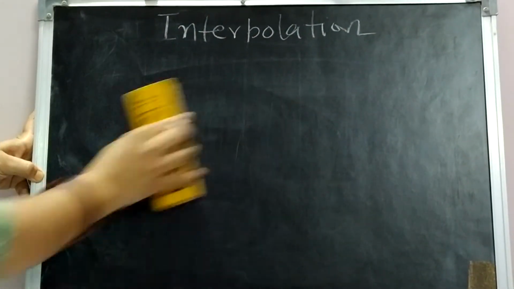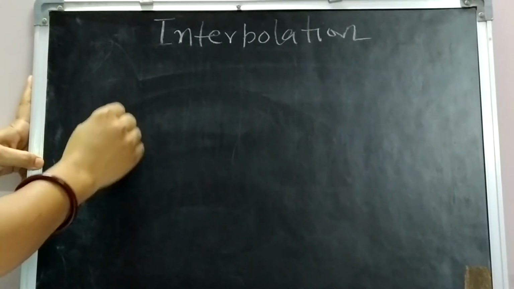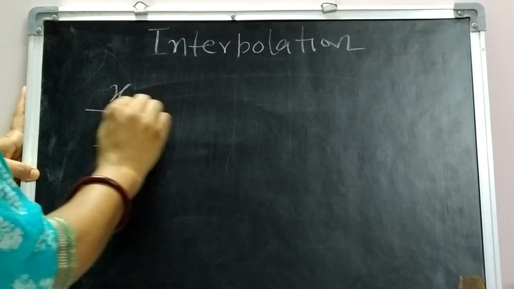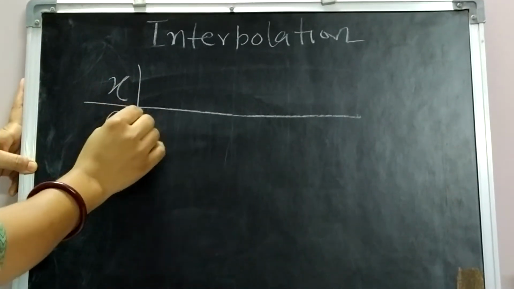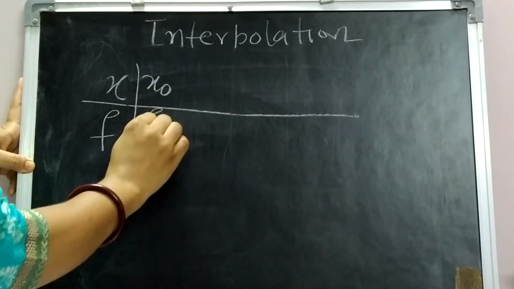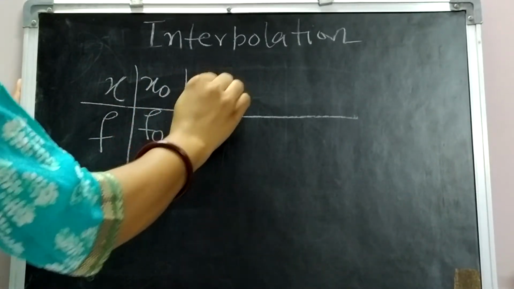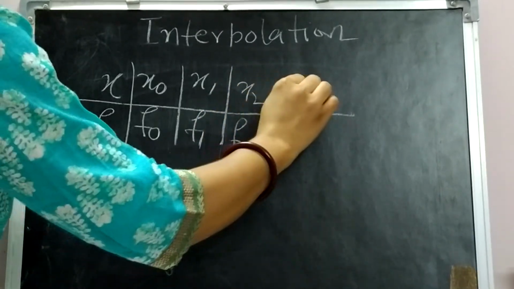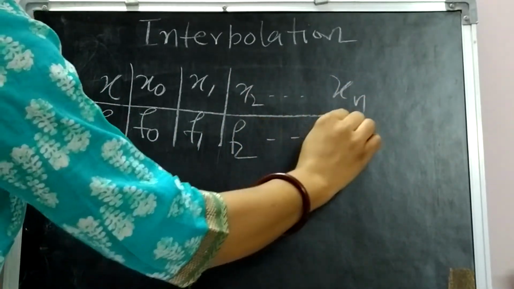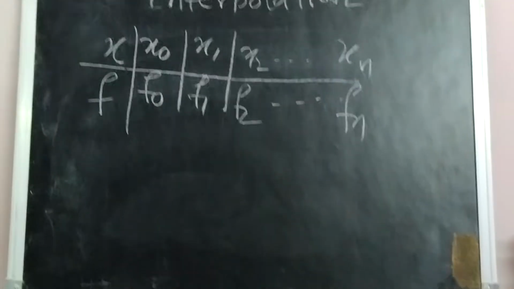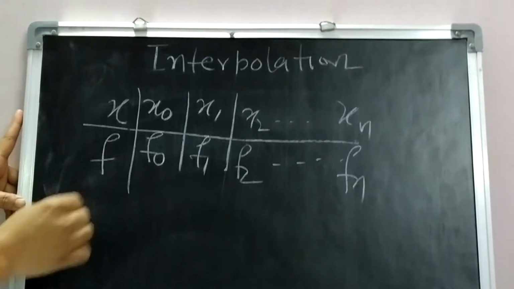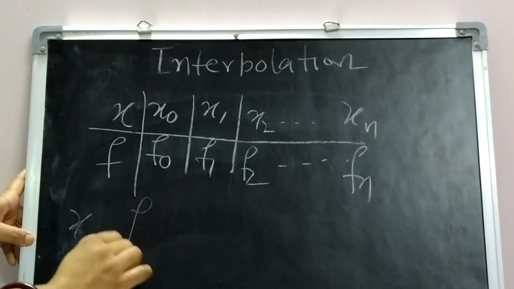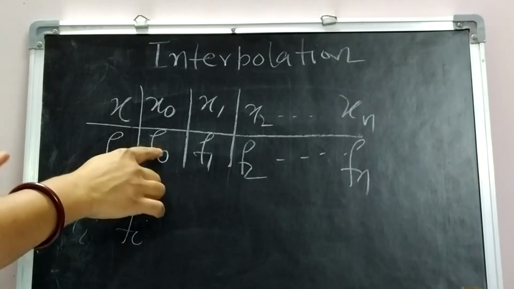Suppose we assume some symbols. We have x as the independent variable and f the corresponding value of the function. We have the value x0, at x0 we have f0, at x1 f1, at x2 f2, and so on, at xn we have fn. Here the xi are distinct values of the independent variable, and fi are the corresponding values of some function.